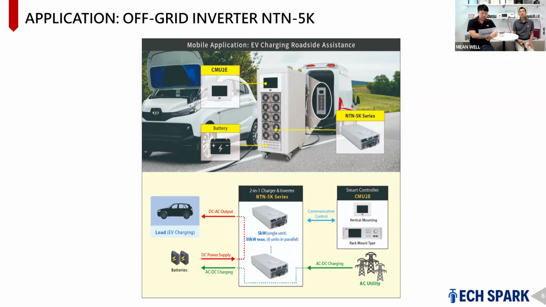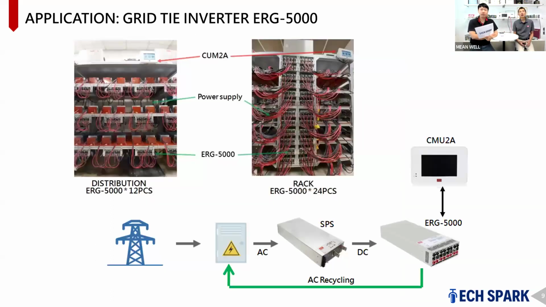So now can you tell us a bit more about the grid tied applications and how we're using them? Yeah, grid tie. One of them is the ERG 5000, which is what we're using when we manufacture power supplies in the production line. Each Mean Well power supply goes through a burn-in of 30 or 45 minutes, and we all use the ERG 5000 to do the burn-in.